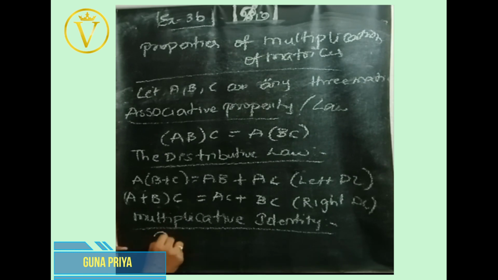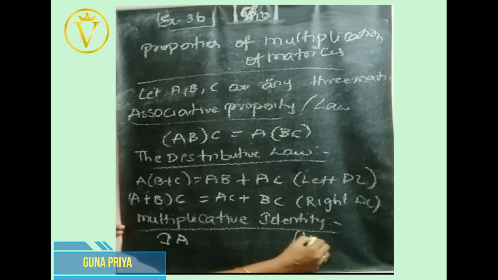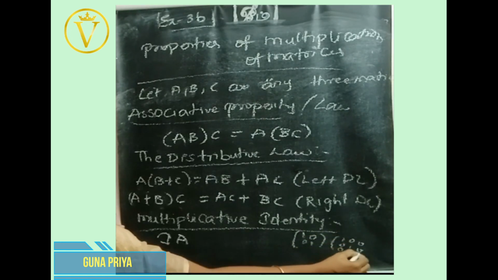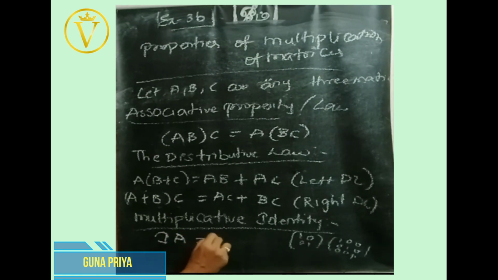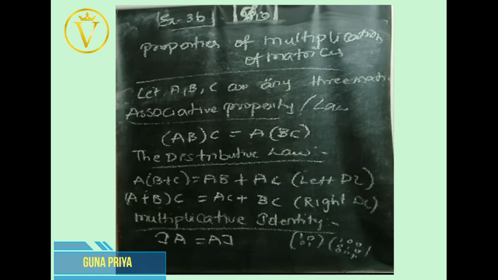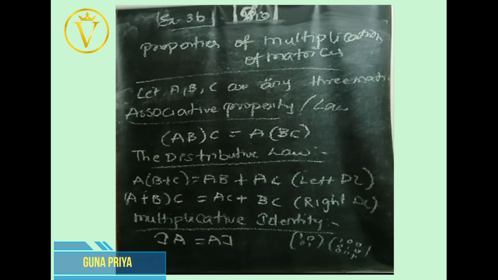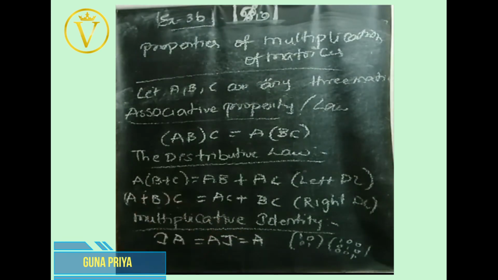So if any matrix is multiplied with the identity matrix, you can take 1 0 0 1 or 1 0 0, 0 1 0, 0 0 1, anything. So IA equals AI. If the identity matrix is multiplied with any matrix, or any matrix is multiplied with the identity matrix, then you will get the same matrix back.